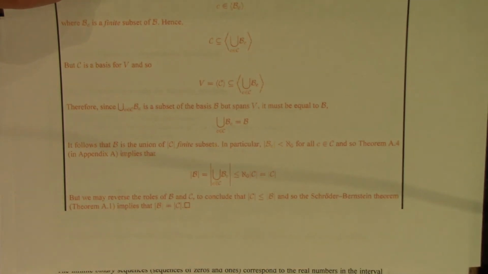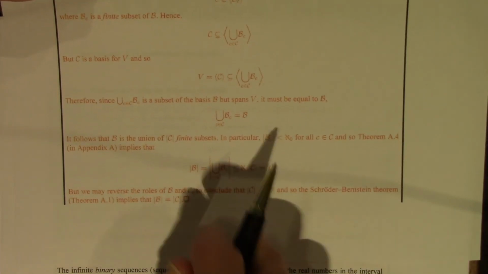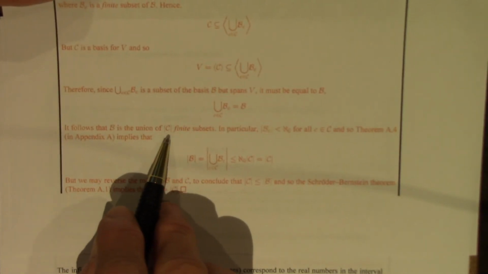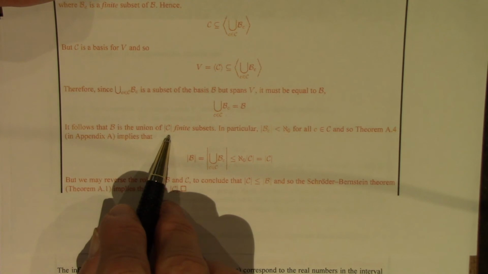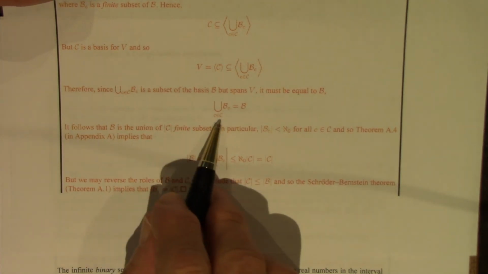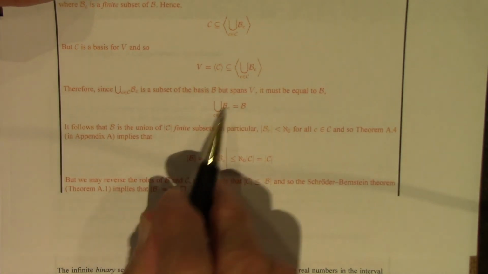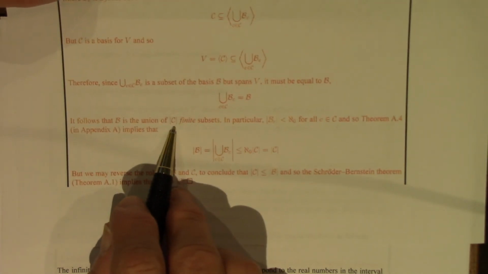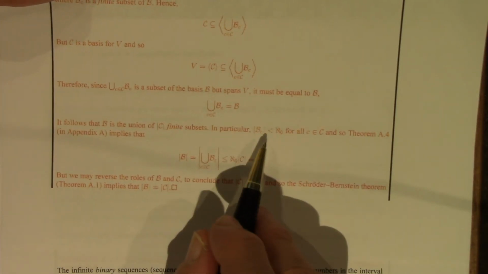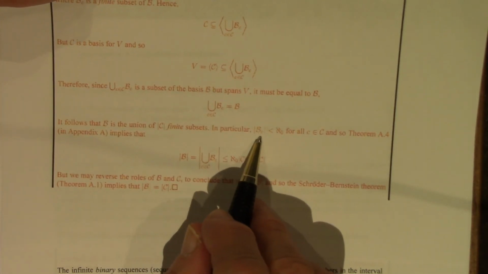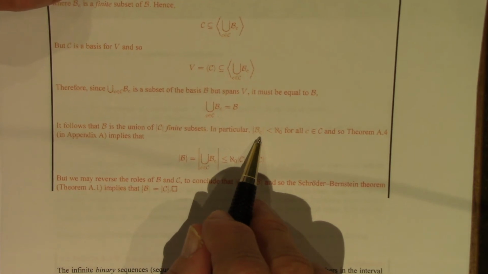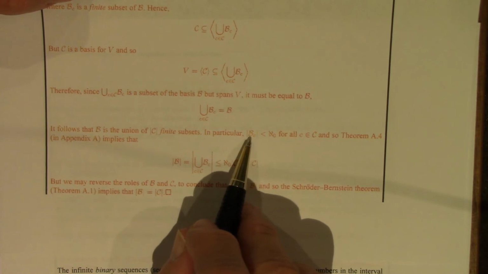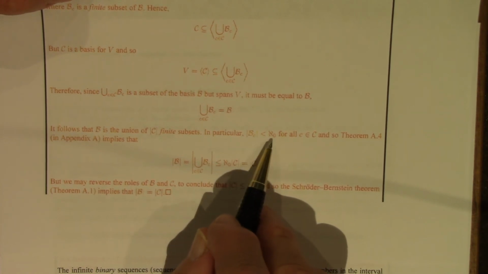Now we come to the cardinal arithmetic. B here is the union of this many, cardinality of C, finite subsets. We're indexing by C, so there are this many terms in the union, if you want to say it that way. We don't know how big these sets are. We only know they're finite. But that tells us that the size of these sets is bounded by aleph naught.